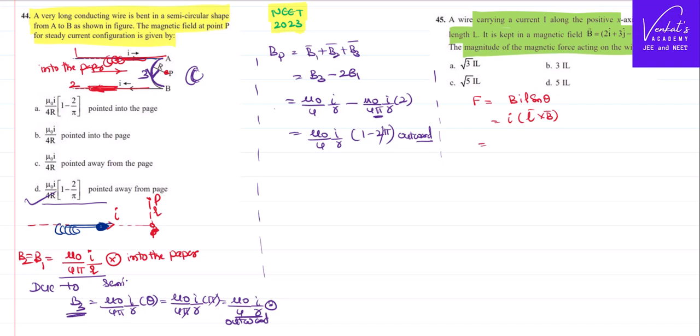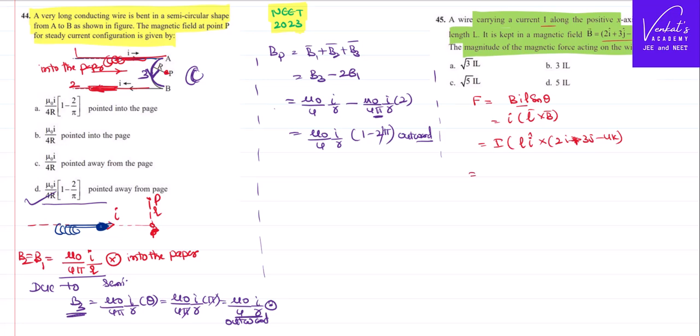I means current, so the current is I here. L bar means L along the x-axis, that is i cap. Cross B bar means whatever is given for you: 2i plus 3j minus 4k.